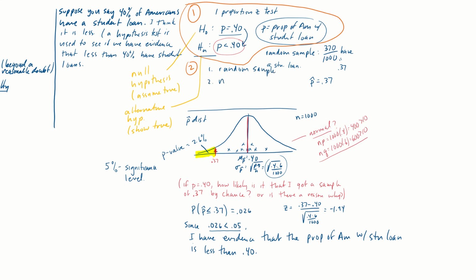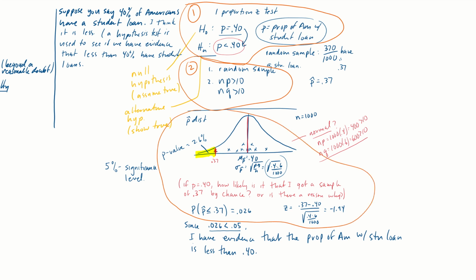And 2, NP has to be bigger than 10, and NQ has to be bigger than 10. That's my second step. My third step is my calculations here. And my fourth step is my conclusion.